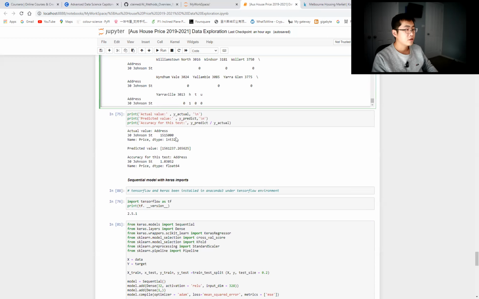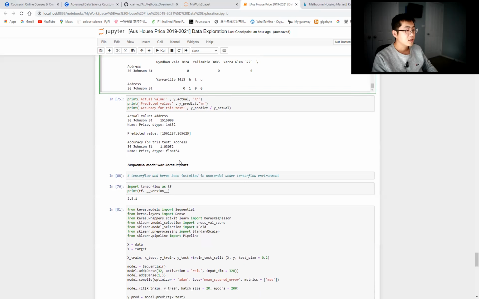That's actual price. And here we have the predicted value about 1,561, which is pretty close, right? So we divided the prediction value by the actual value. We got the 1.03, which is only 3% offset.